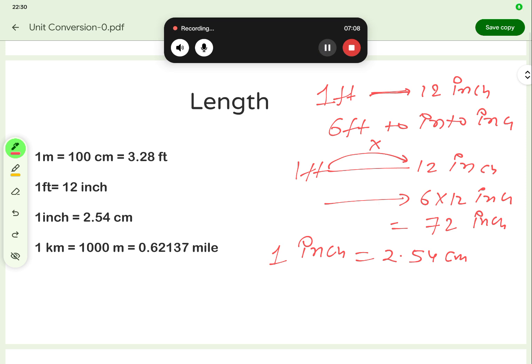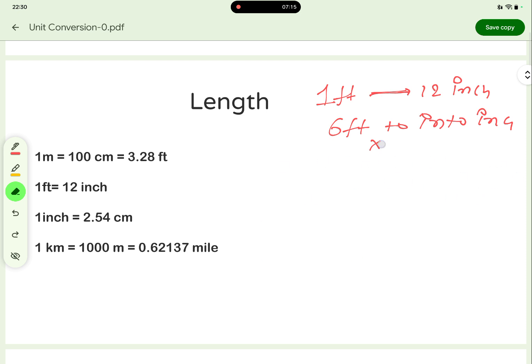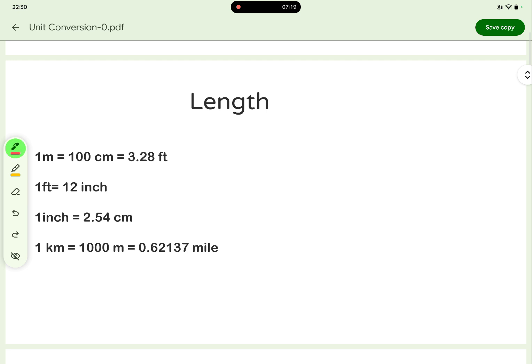Now let's do some calculation. Let's do another calculation. For example, if someone is given 250 inch, now convert it into meter, right? Convert into the meter.